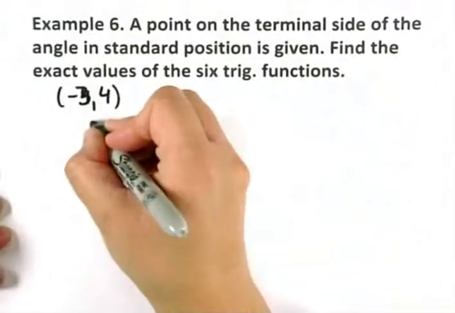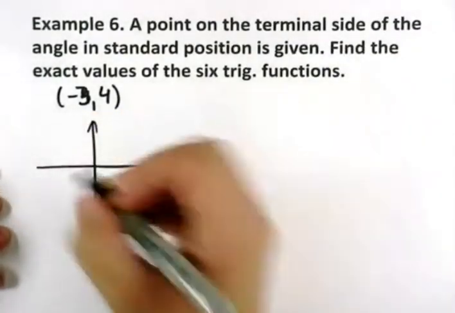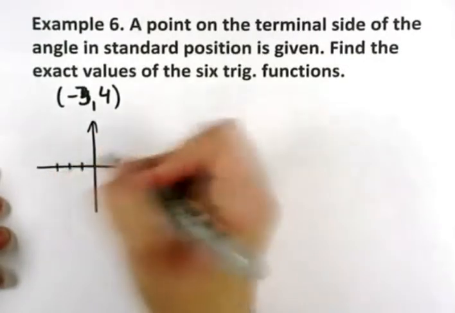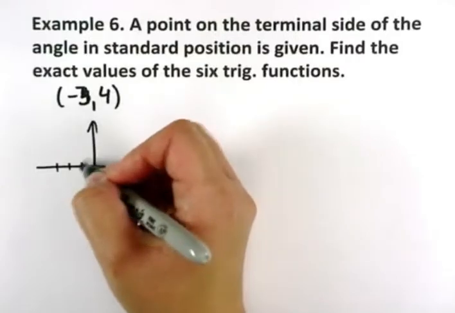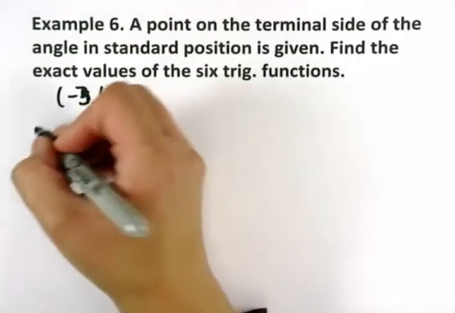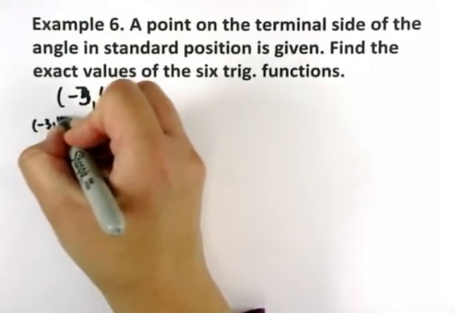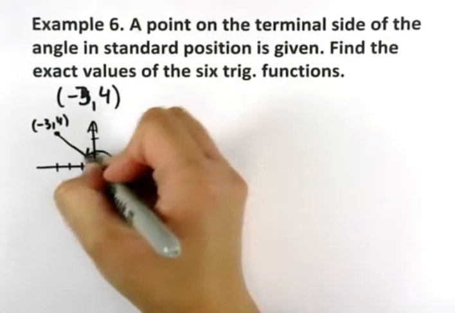Okay, so we draw the coordinate system. We find the point minus 3 and 4. Right here is my minus 3 and 4. Okay, so that's the point and that's the angle.